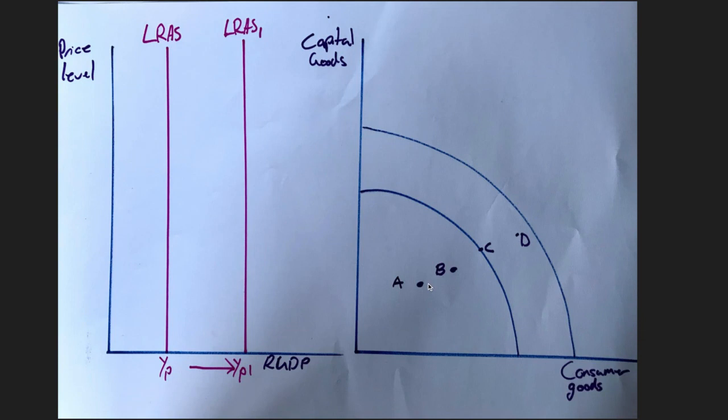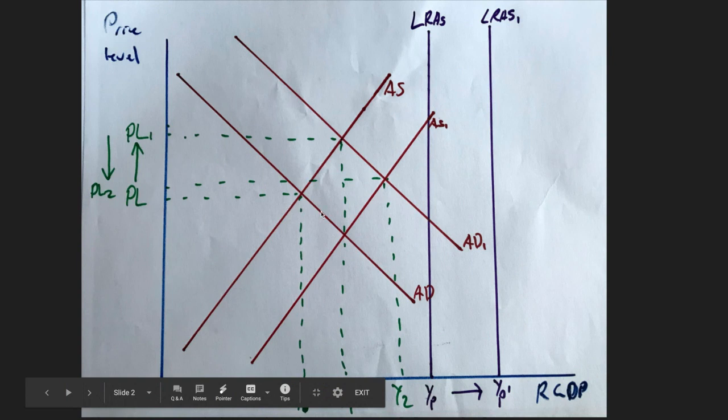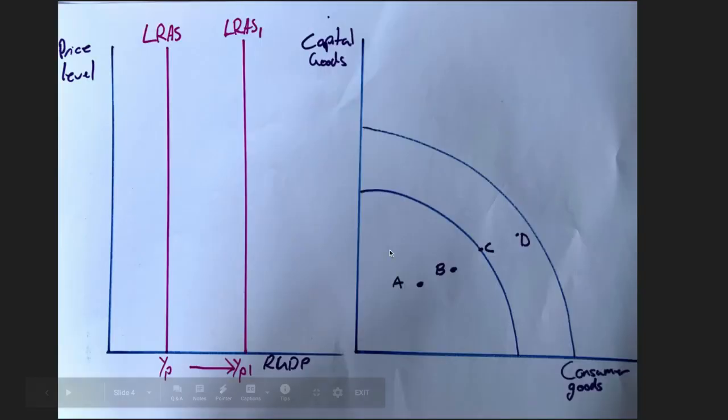Most of the time when you see an increase on one of these graphs, they're looking at actually moving from A to B or closer towards C. So not actually an increase in productive capacity. Remember, productive capacity is only going to increase if our long run aggregate supply shifts outwards.